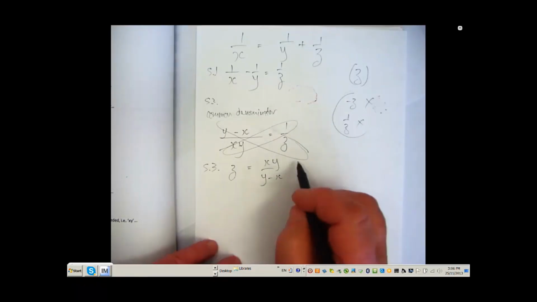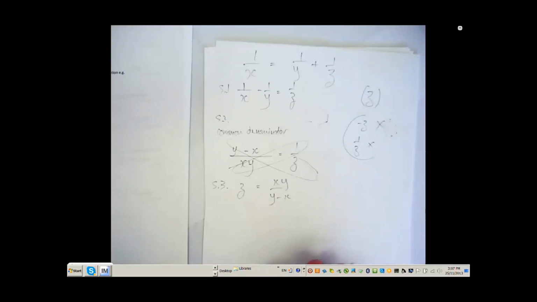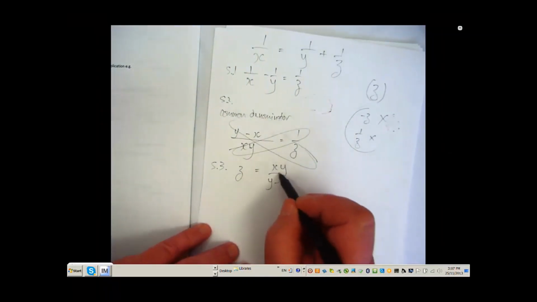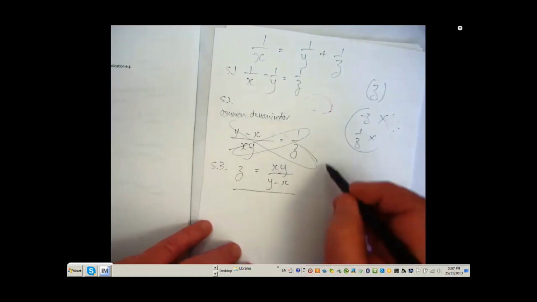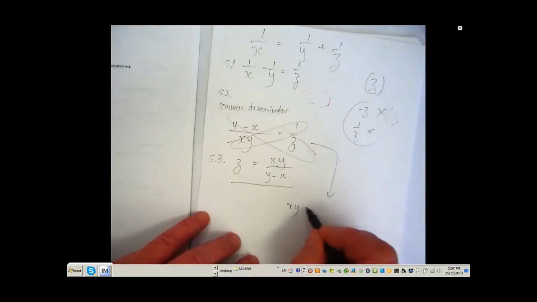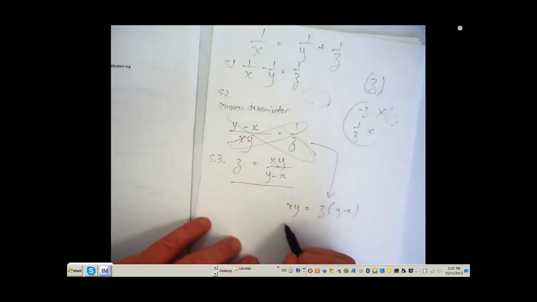Okay, and if you have a look in your book, I think on page 10, there we go, we've got it, z equals xy over y minus x. Just to check that when you cross multiply you get that, xy times 1 is xy, and z times y minus x is that, so therefore z will equal xy over y minus x.